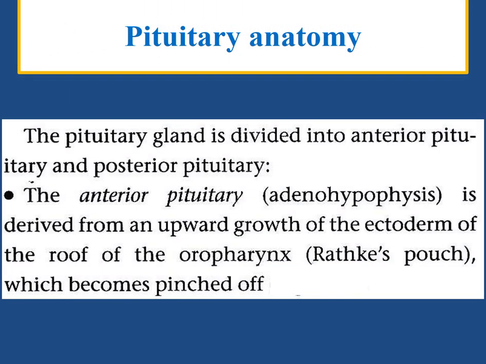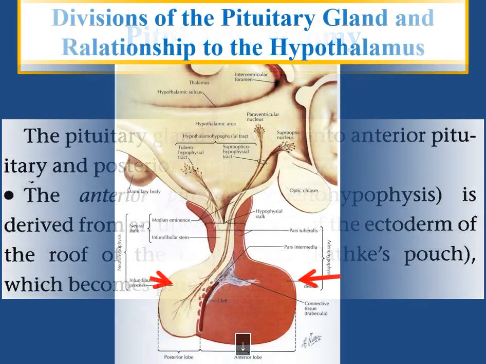The pituitary gland is divided into anterior pituitary and posterior pituitary. The anterior pituitary, adenohypophysis, is derived from an upward growth of the ectoderm of the roof of the oropharynx, Rathke's pouch, which becomes pinched off.